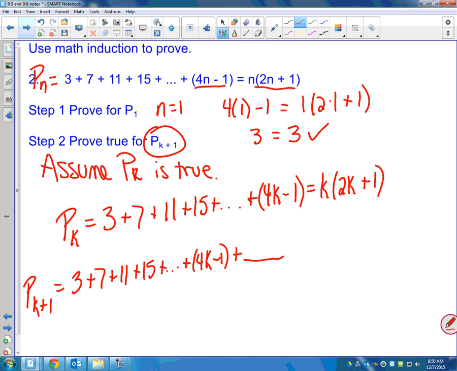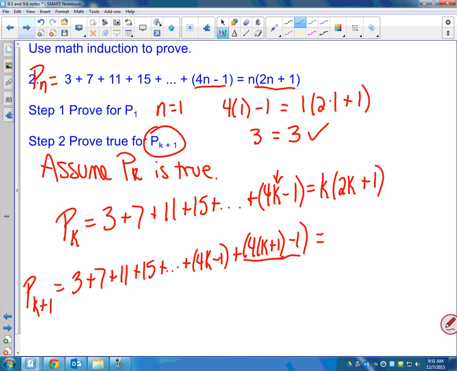If 4k minus 1 is the k term, how would I write the k plus 1 term? Just like we did in the last problem, I'm going to replace k. I'm going to write 4 times k plus 1 minus 1. So I write all that before there, plus the next term. That's my k plus 1 term on that side.